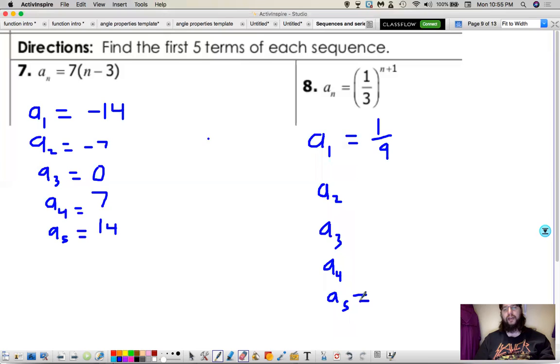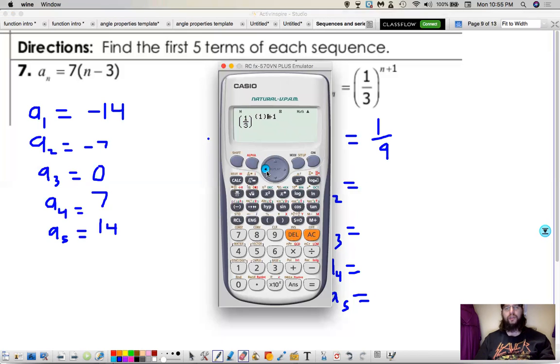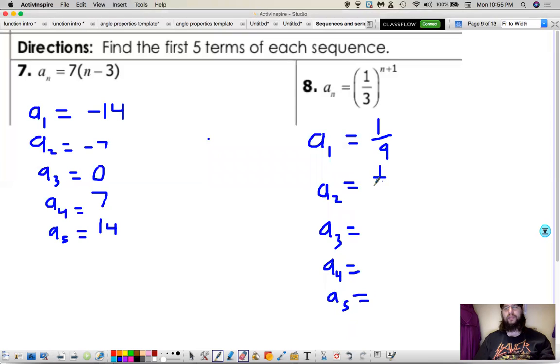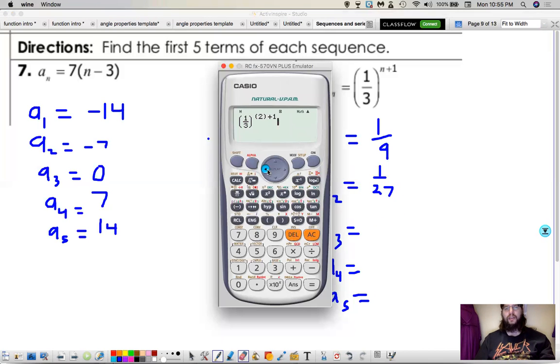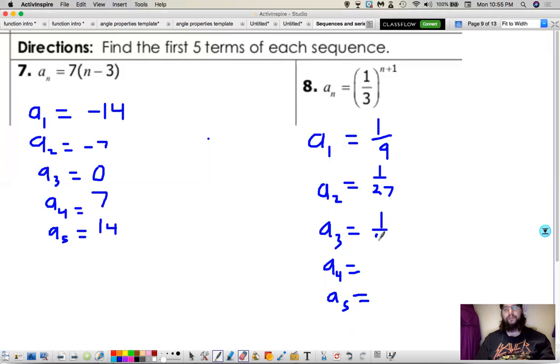And let's see what we got. If I change that 1 to a 2, I get 1/27. If I change that to a 3, that's going to be 1 over 81. 1 over 243.